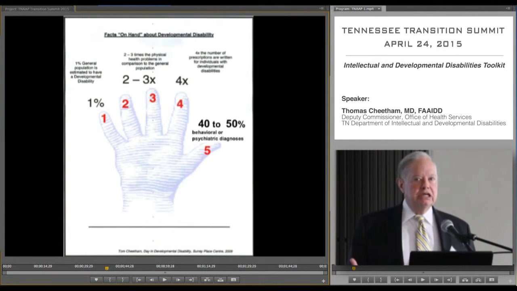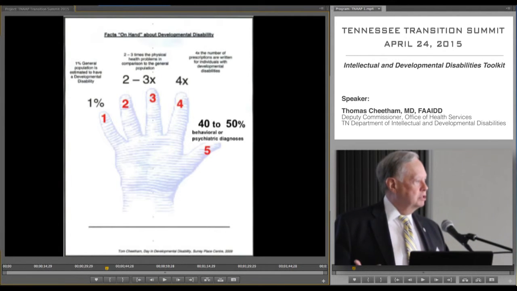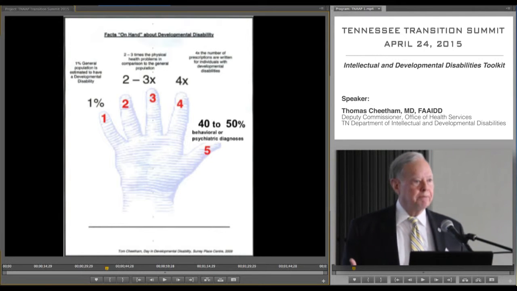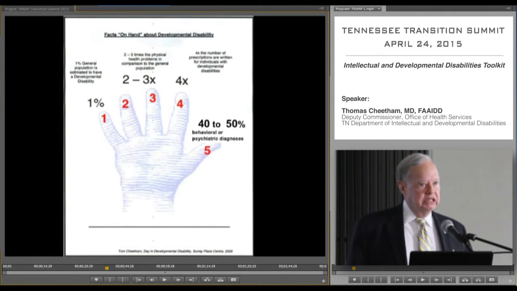Before I came to Tennessee, I said they get 4 times the number of prescriptions, but we have a unique situation in Tennessee, so I don't know what that number is. And we know that 40 to 50% of adults with intellectual disabilities have either challenging behavior or a psychiatric diagnosis.